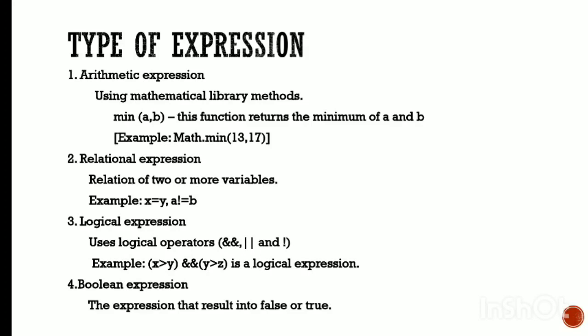The second example in the slide is Math.min(13, 17), which displays the minimum value. Likewise we have max, floor, ceil, square root and cube root. These are some mathematical functions under arithmetic expression.